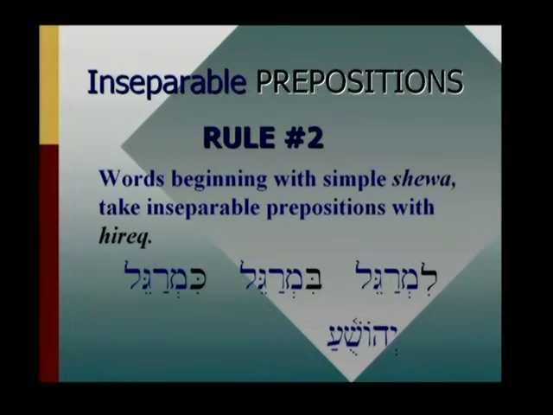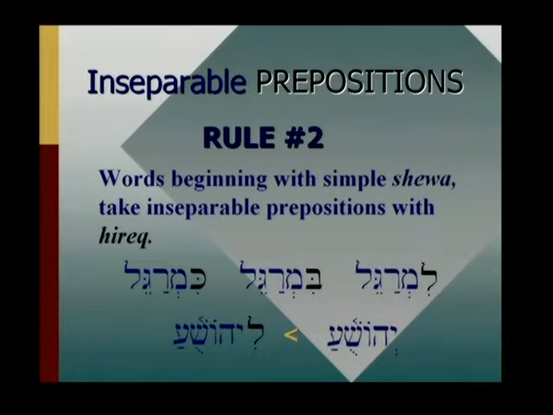Oh, by the way, before we go that far, Yehoshua. Yehoshua is the name Joshua. If we want to take Joshua and add a preposition to it, then the thing to do here is to take the schwa under the yod and remove it. Why?